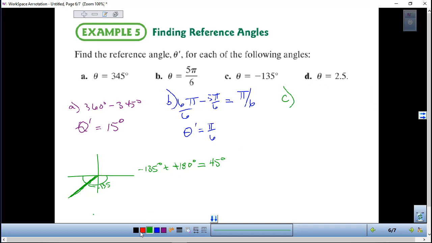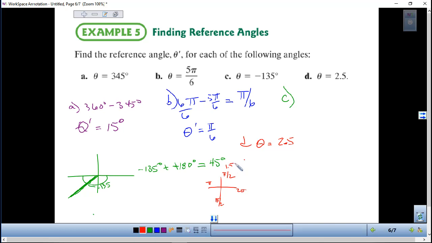All right, and part D, if theta equals 2.5, well, let's think about what we've got on the unit circle. Notice this is not 2.5 pi, it's just 2.5. So we've got pi over 2 here, pi here, 3 pi over 2 here, and 2 pi. Well, pi is 3.14. So what's 3.14 divided by 2? It's 1.57.